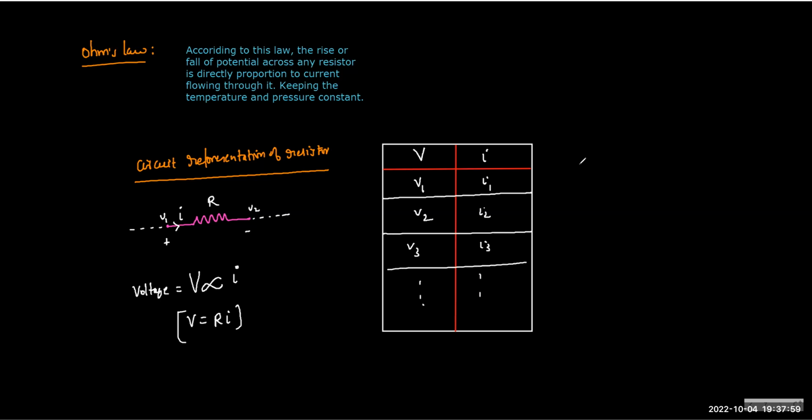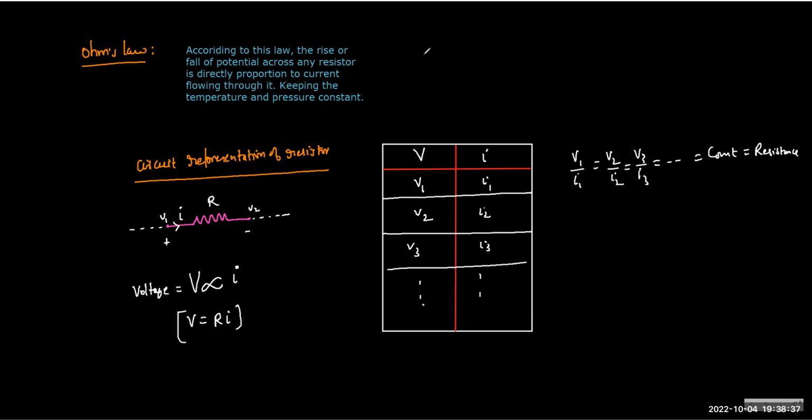What was interesting was that the ratio he got in each experiment was a constant quantity. Because it is constant, it must be representing some characteristic of the medium or the resistor. This characteristic was called resistance. So resistance is the characteristic of a conductor by virtue of which it will always oppose the flow of charge, that is current.